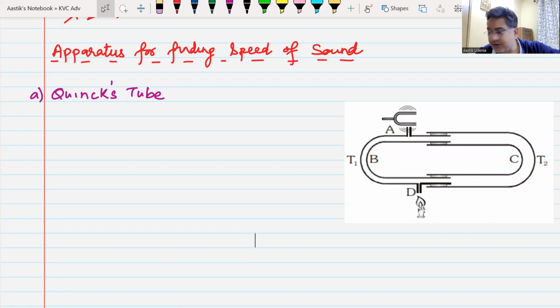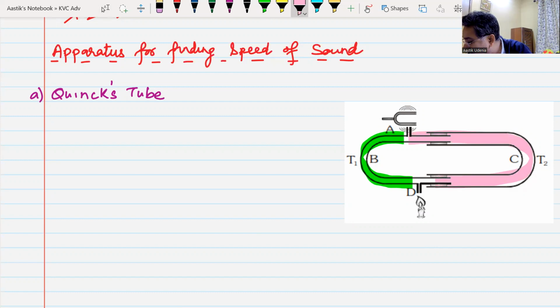Sound waves are produced with the help of this tuning fork, and these sound waves have two paths to travel. One is the green path and one is the pink path. Do you understand the green path and the pink path?